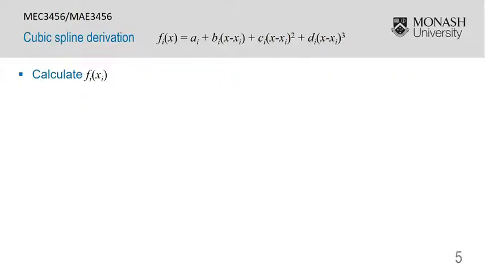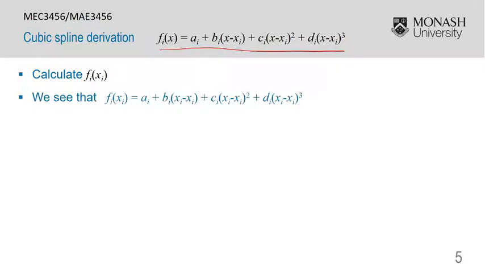Okay, so let's write the cubic spline just up the top here for reference. Let's let x equal xi and calculate what fi of xi is equal to. If we plug x equal to xi into the spline up here, we end up with this expression, but we can see that all of these terms are xi minus xi. All of these terms are 0.